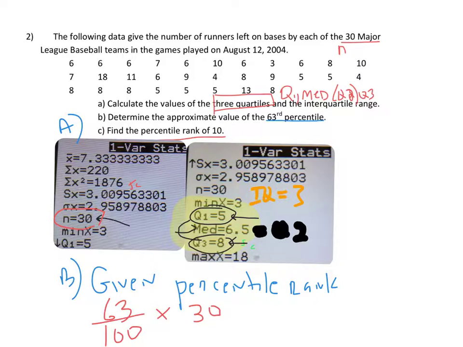So here on your calculator, you're going to do 63 divided by 100, multiply that by 30, take a picture of that result, and add that to the worksheet.